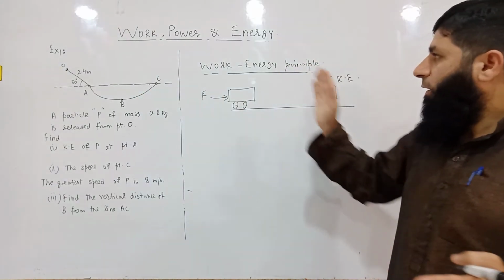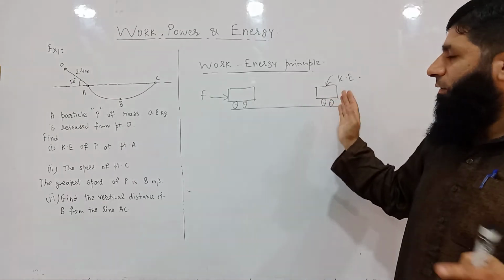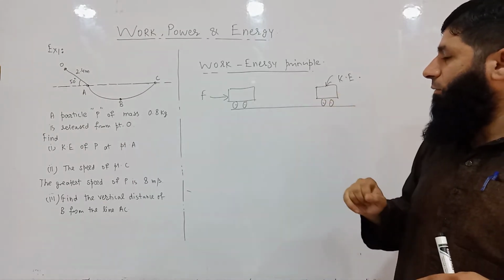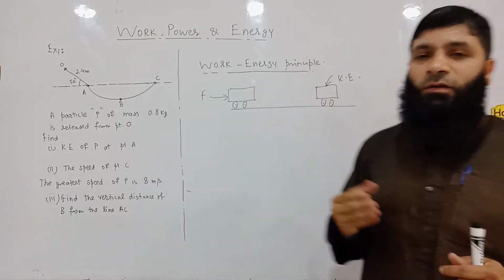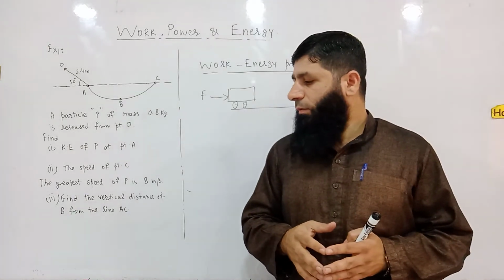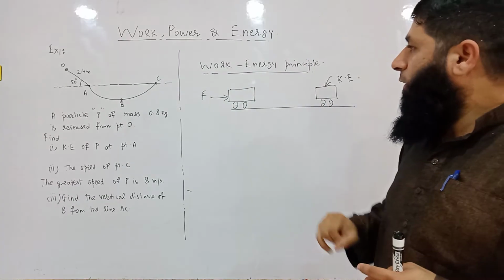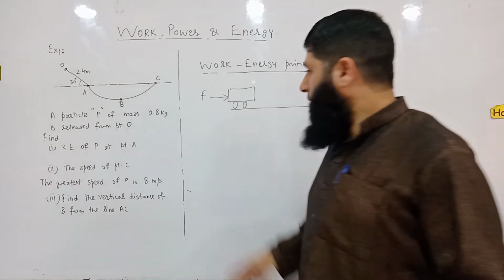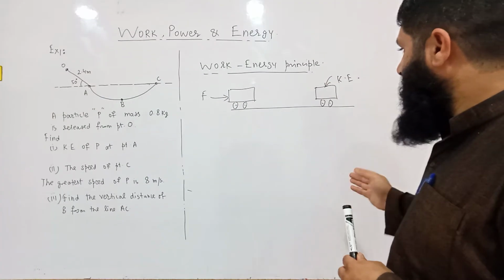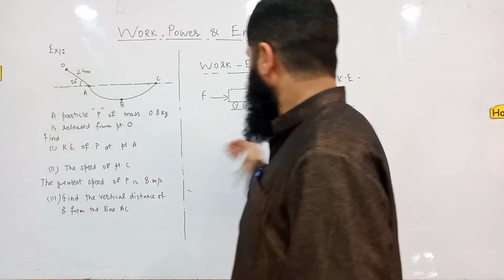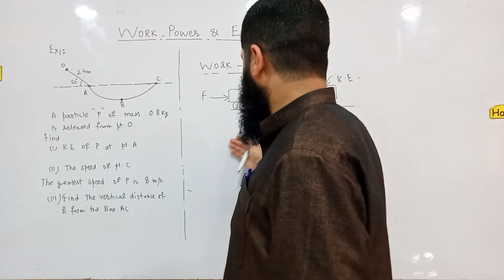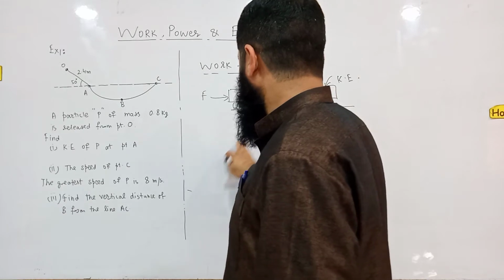So basically, work and energy are the same thing, and both are measured in the same unit. The unit of work done is also joules, and the unit of energy is also joules. And we can have a very, very important equation which is useful for the solution of examples.